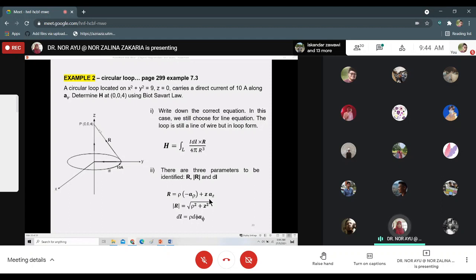You need to draw the line of R and then find R. How to draw the line of R? From your line current, whether the left side or the right side, it will be the same, so it is easier to take from here. From the ring, you draw a straight line to the point of observation. That will be your R.